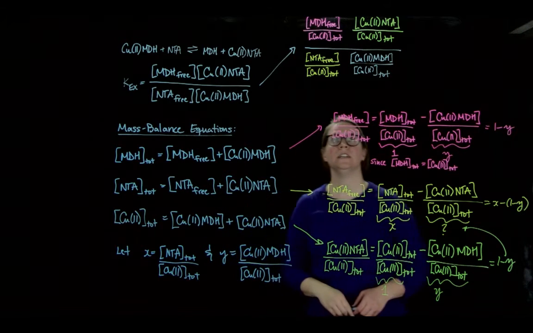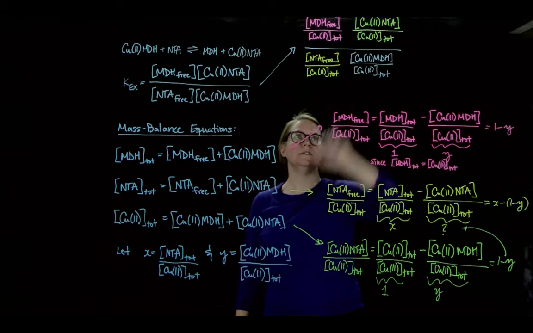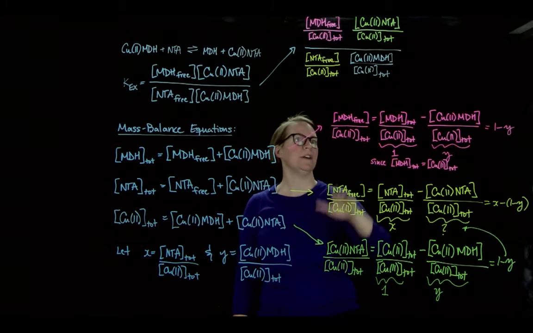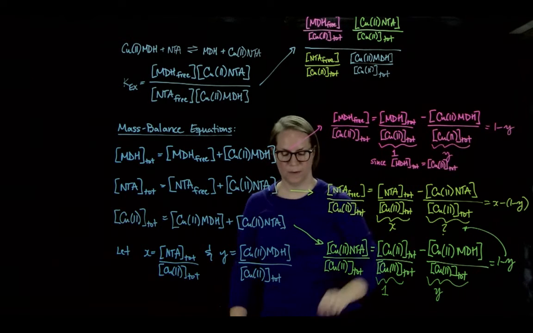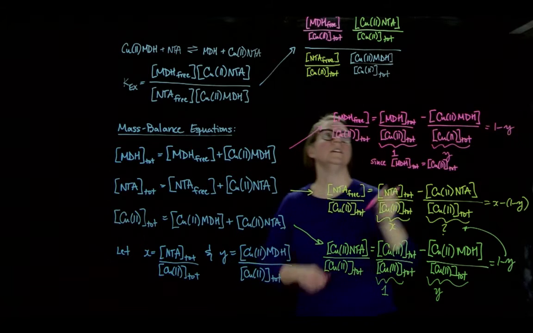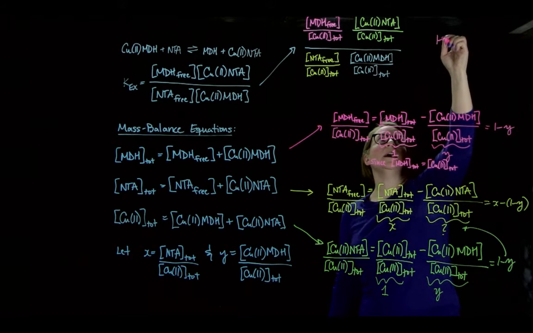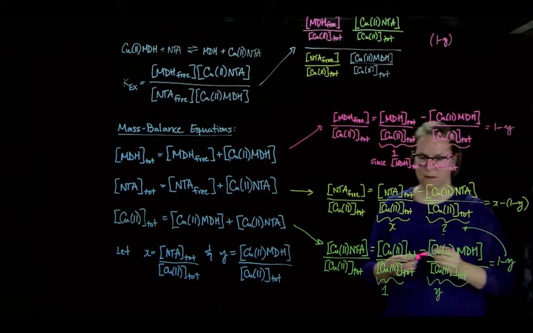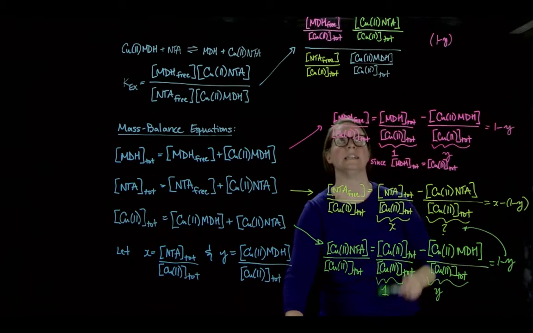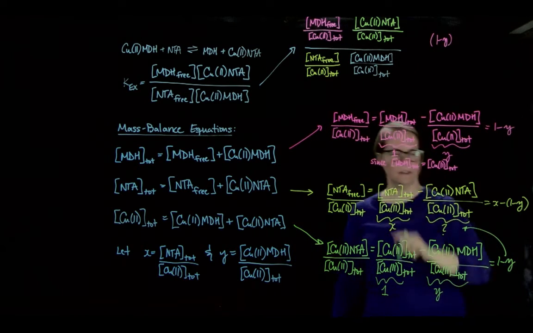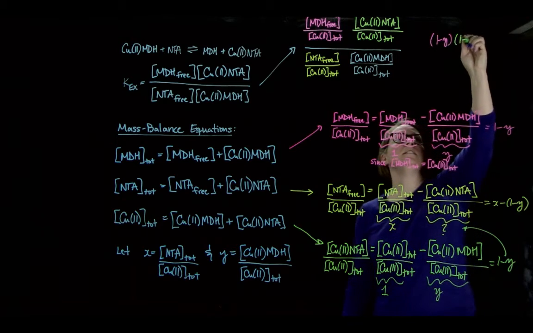And the advantage is now we can replace all of these quantities by what they are. So the pink corresponds to our 1 minus y. We found in green the copper-2 NTA is also 1 minus y.